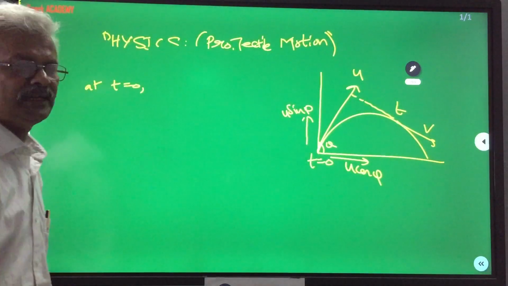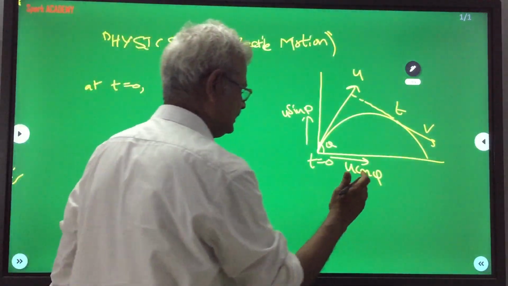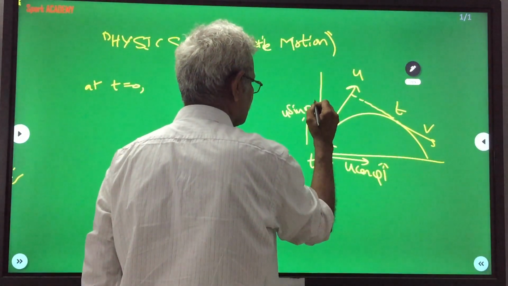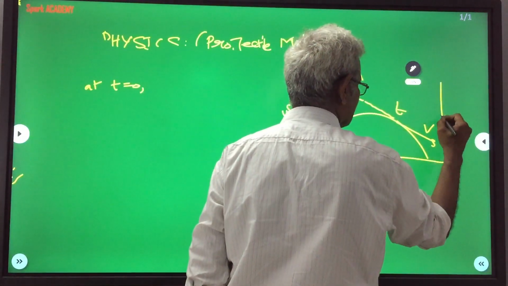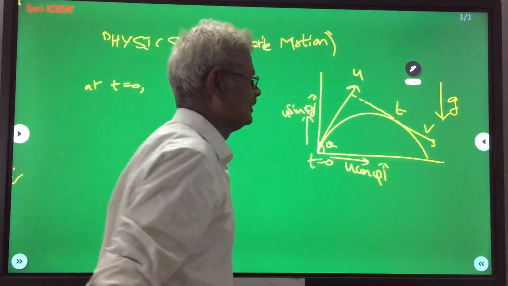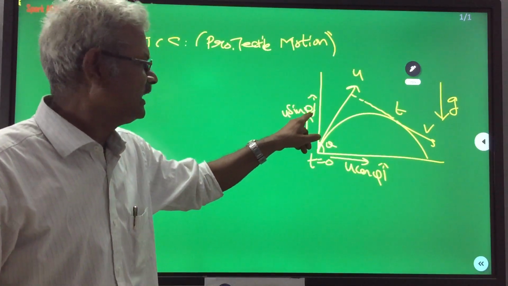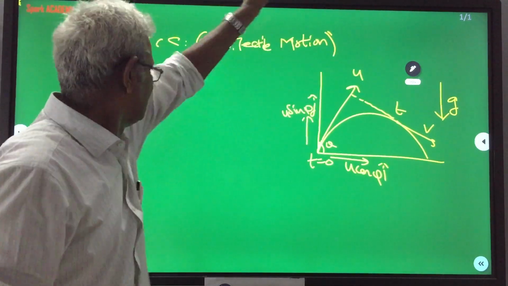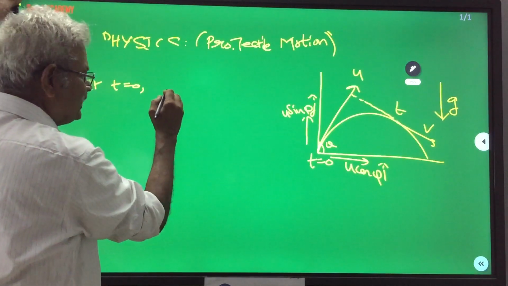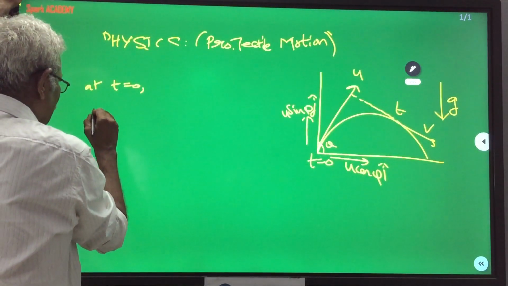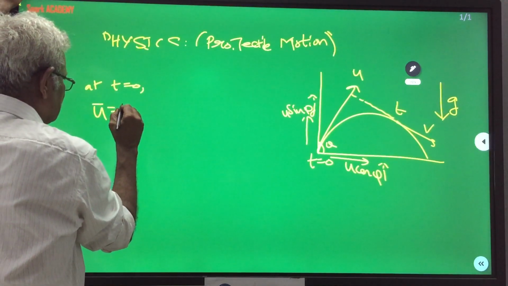Now we will convert that in terms of vectors. Gravity is downwards. So u cos theta into i cap, u sin theta into j cap. So what is u bar equal to?